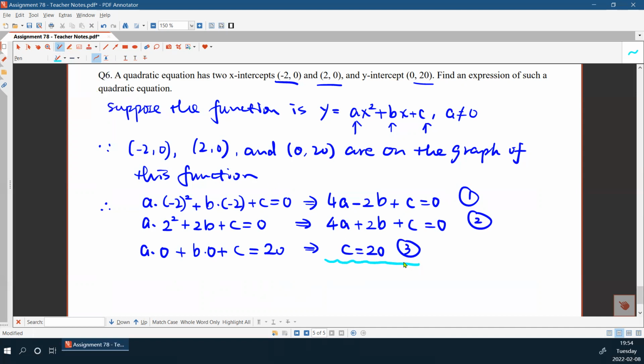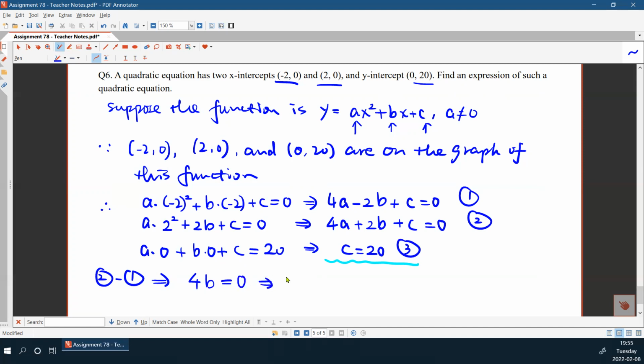So the remaining task is to solve a and b, which is not very difficult. So we can use equation 2 minus equation 1, right? Equation 2 minus equation 1 will give us 4a cancels with 4a, 2b minus negative 2b, which is 4b, c minus c cancels, so 4b equals 0, right?